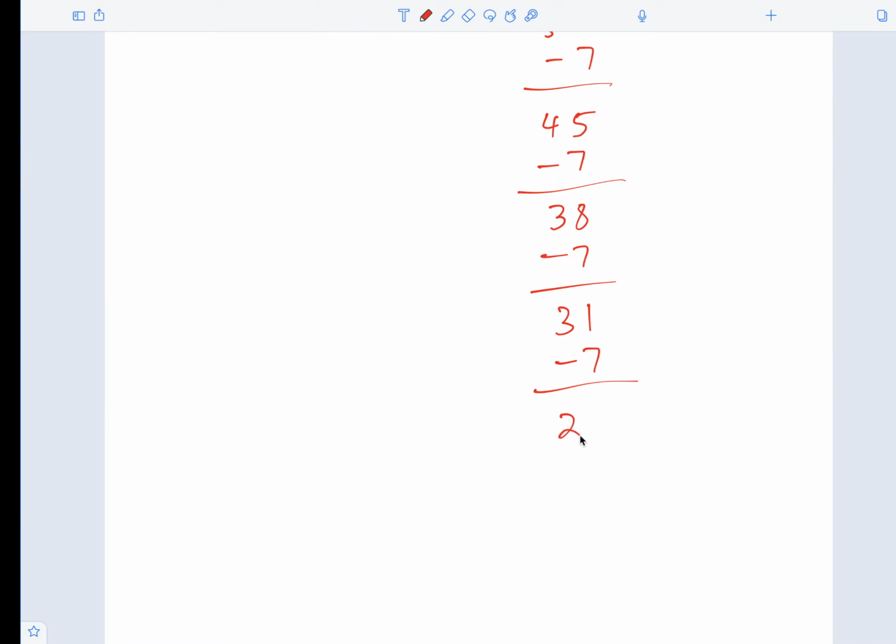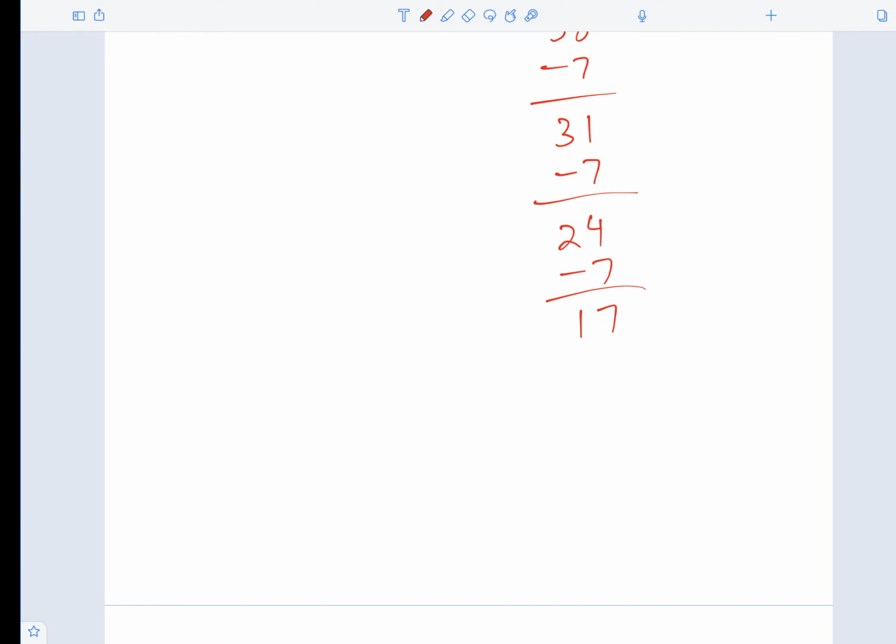Subtract another 7, you'll get 24. I can subtract another 7, that's going to give me 17. Subtract another 7, that's going to give me 10. Subtract another 7, that's going to give me 3.